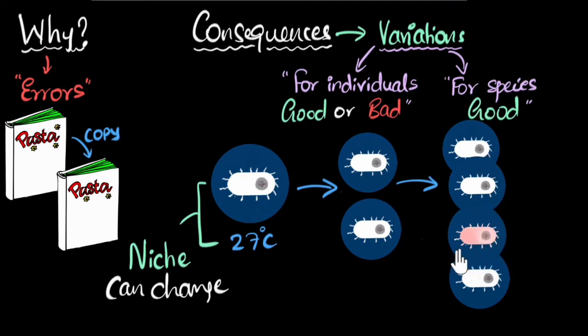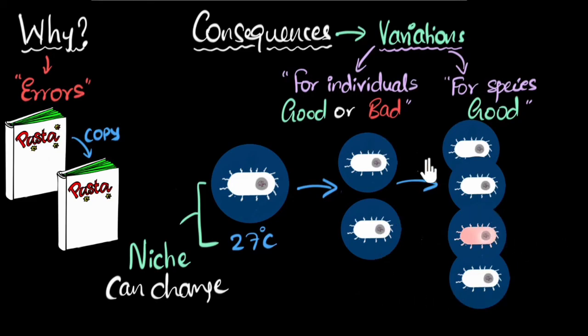And as a result, we will now find this will increase in number. And so you see what has happened? The species has adapted to that change in niche. And so variations allow or prepare the species to adapt itself in case the niche changes. And that's the reason why variations are super, super important for a species to survive.